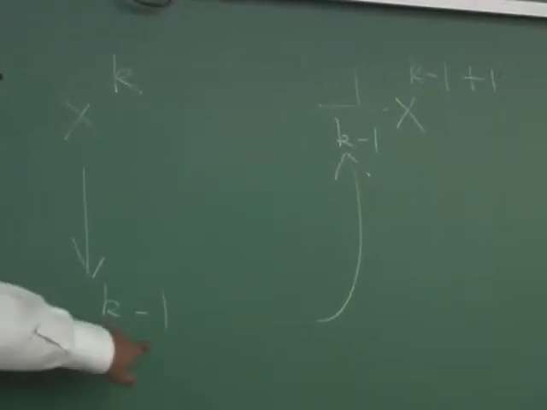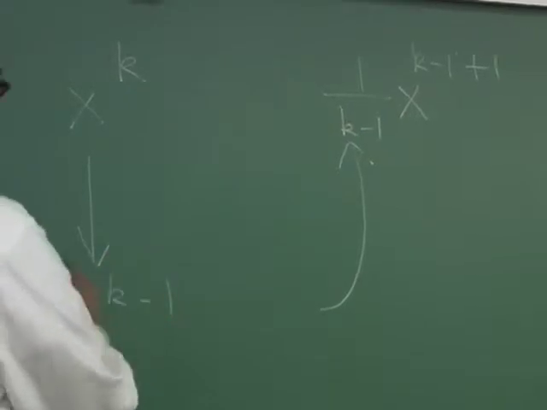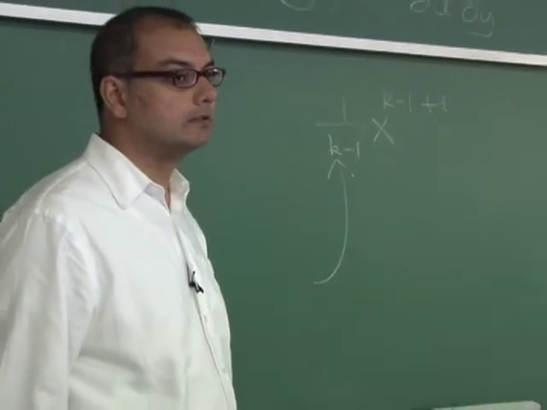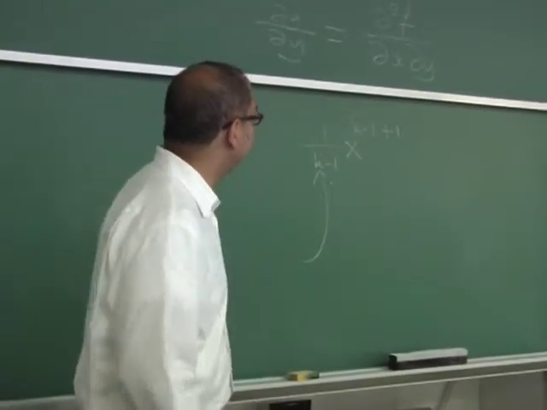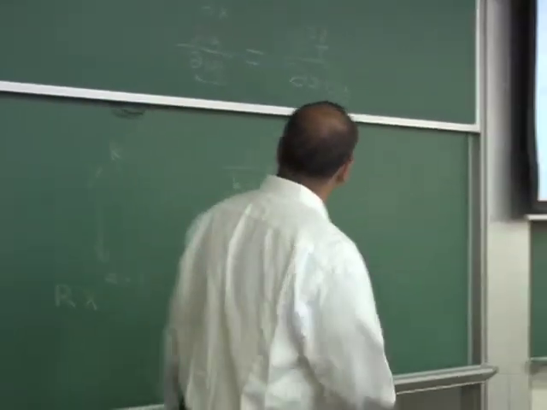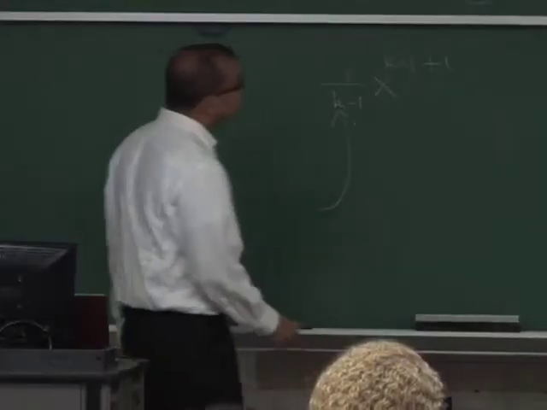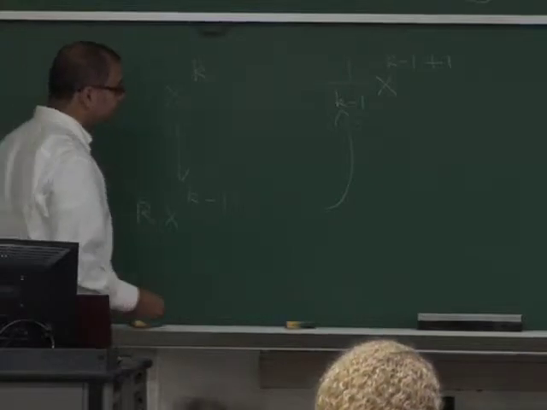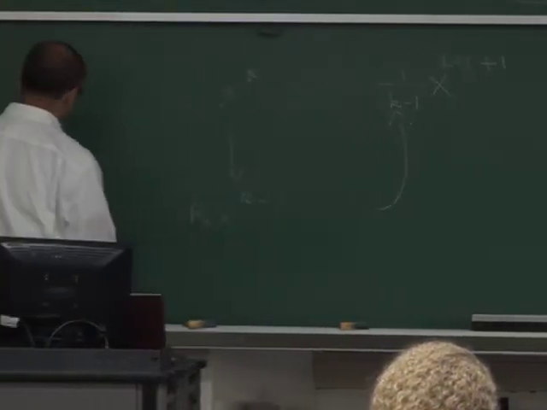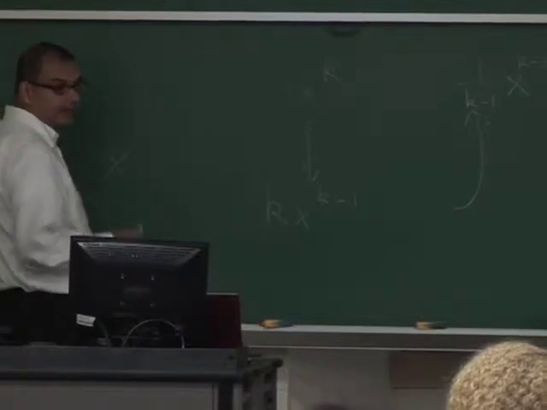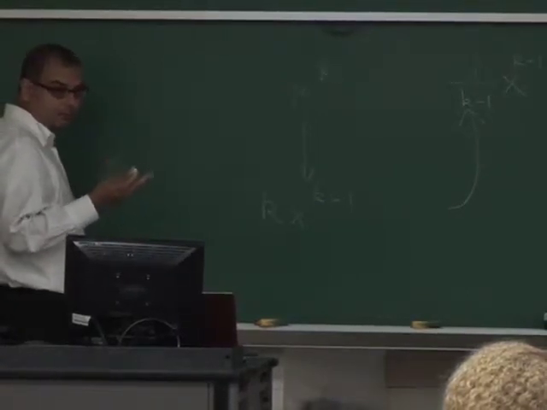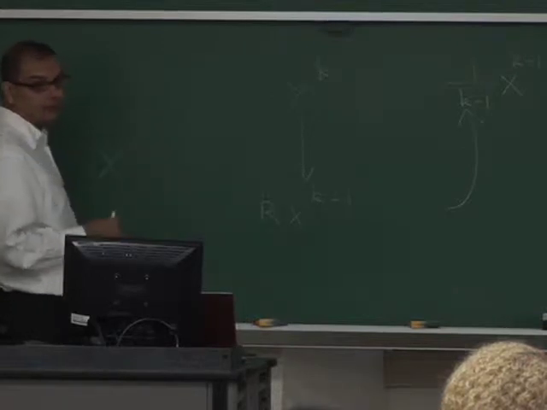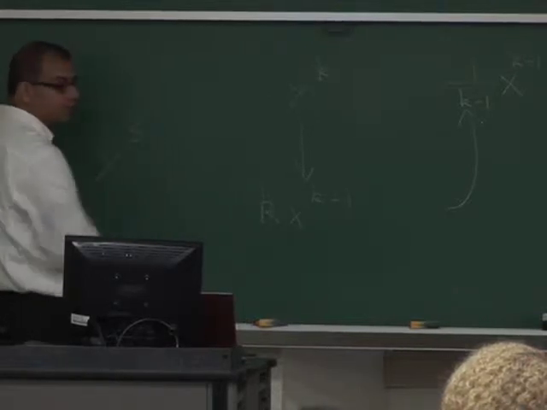So I'm starting out with this, right? In that case, we had x squared. So suppose this is x squared. Then I'm going to end up with x to the 2, and that's k minus 1 plus 1, so I've got x cubed.